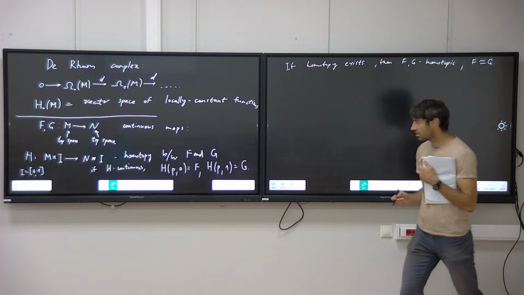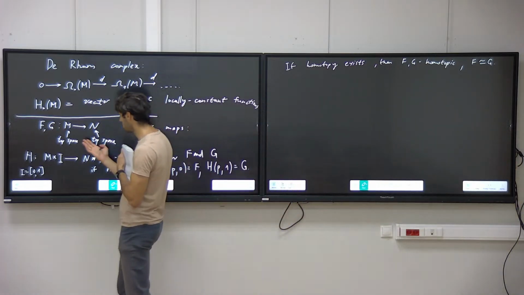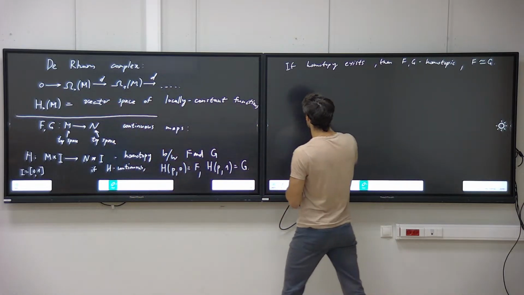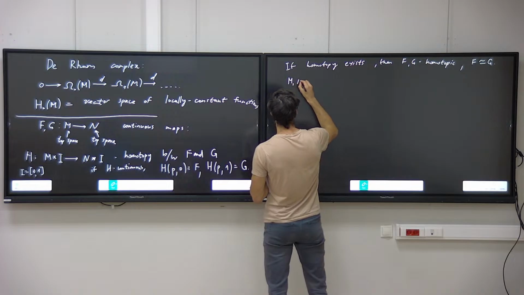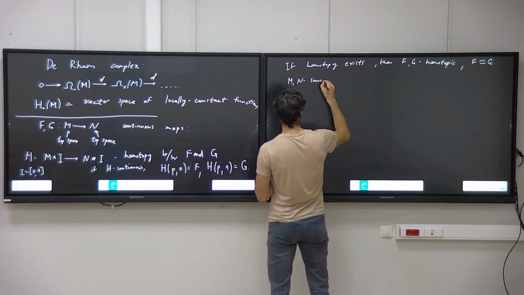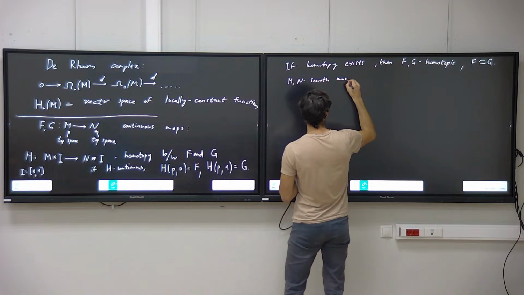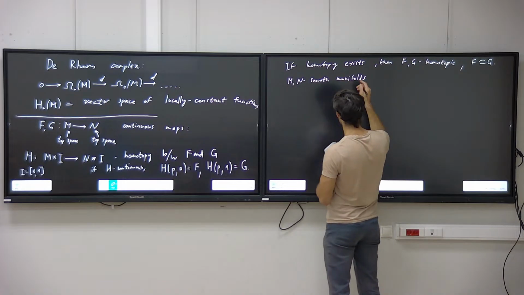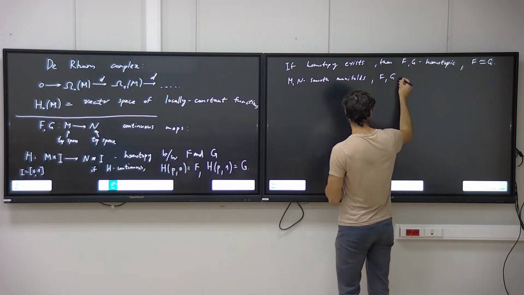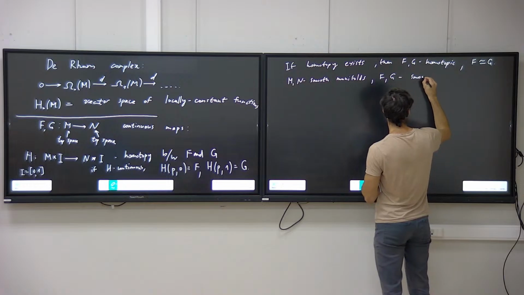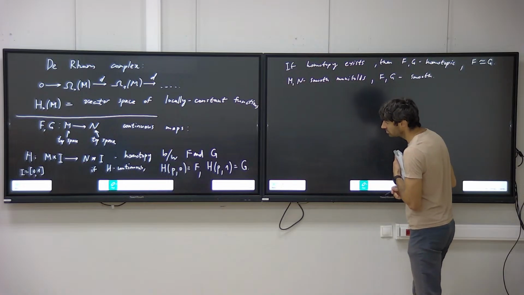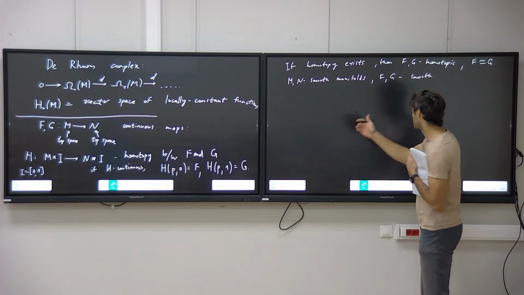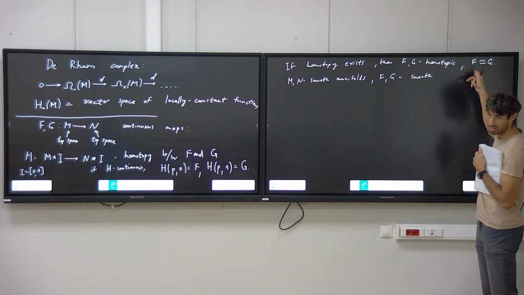But then we can add some structure and say, let M and N be smooth manifolds now. If M and N are smooth manifolds, I can actually take f and g to be smooth maps. Then again, they can be homotopic in the usual topological space sense, and then I write such a symbol.